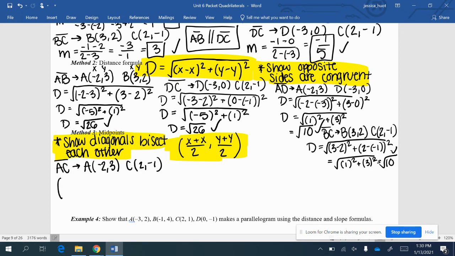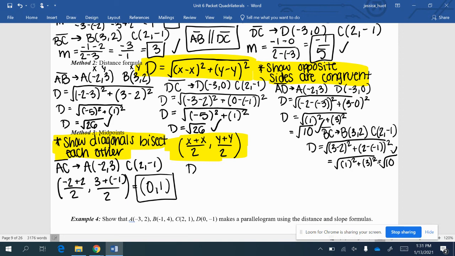Then to find the midpoint, we're going to add together our x coordinates and divide by 2, add together our y coordinates, divide by 2. So the midpoint here is at 0, 1. Simplifying, -2 plus 2 is 0. 3 plus -1 is 2, divided by 2 is 1.